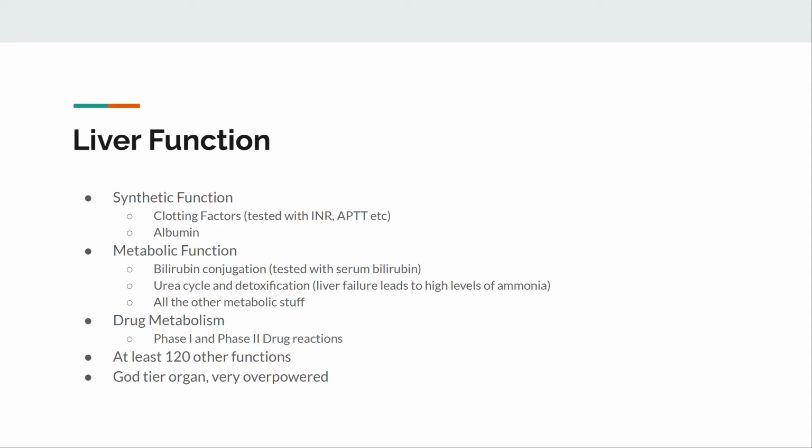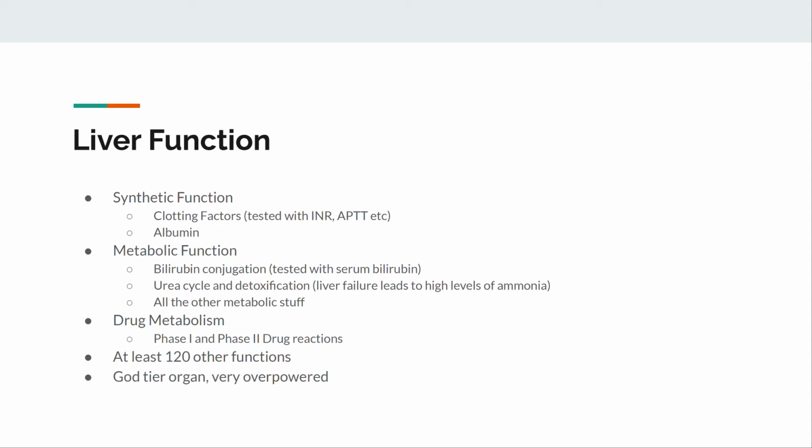The things you need are clotting factors, which you can test via the INR or prothrombin time, albumin levels, bilirubin, and then clinical features of hepatic encephalopathy or encephalopathy, however you want to say that.